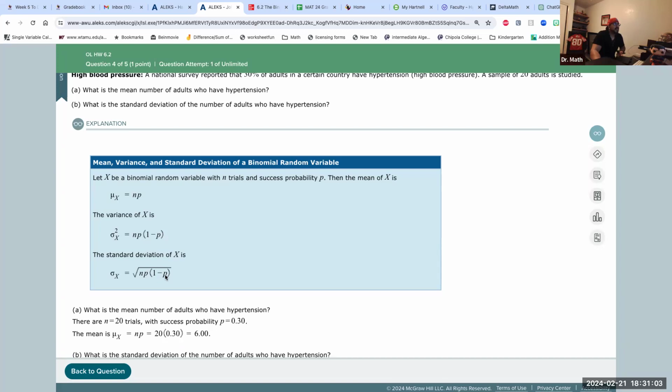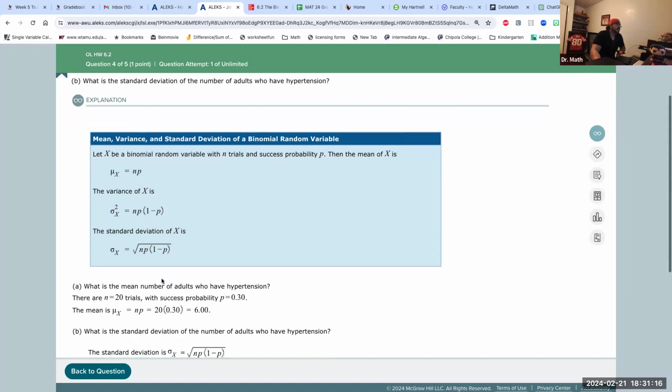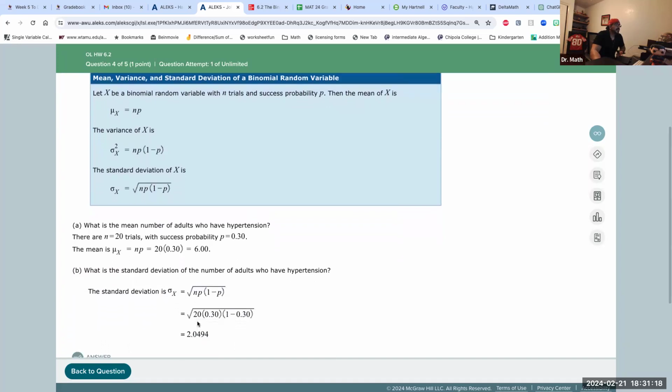Some books call that q, which is just the complement. So it's 1 minus 0.30, which is 0.70. So you plug it in: 20 times 0.30 times 0.70. You take the square root of that, boom.